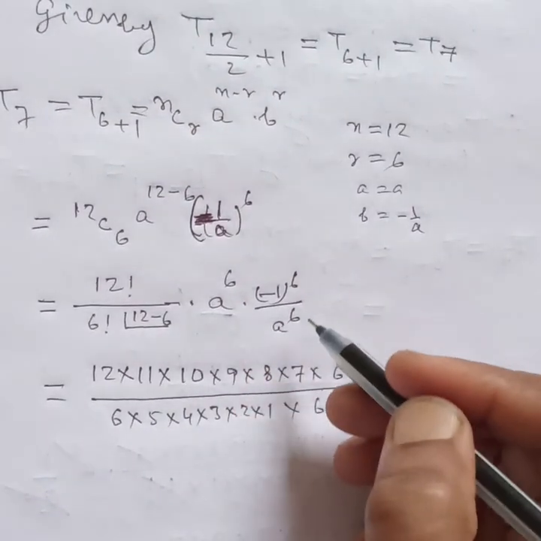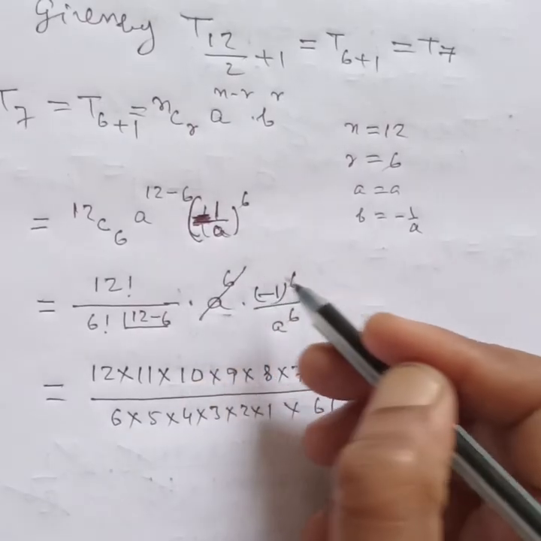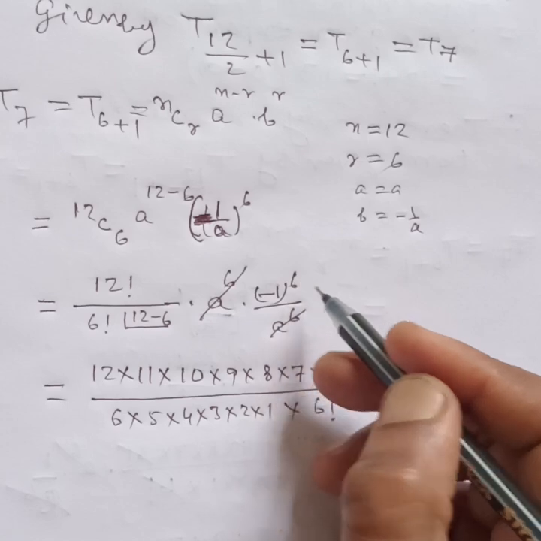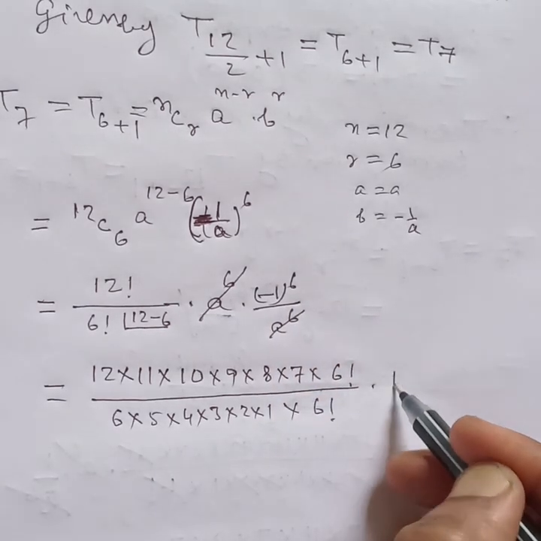And a to the power 6 cancels. Minus 1 to the power 6 is 1.